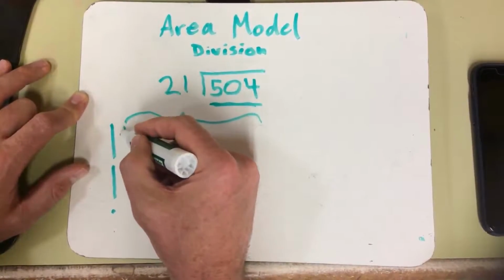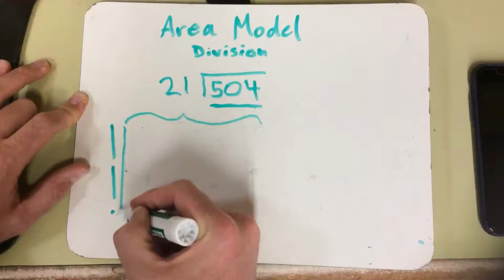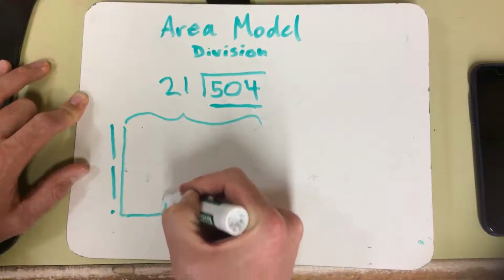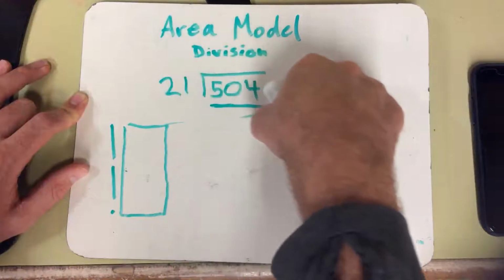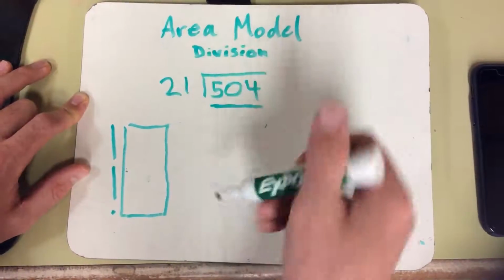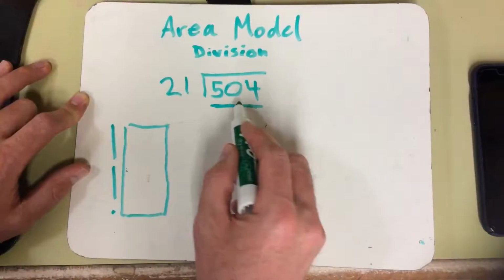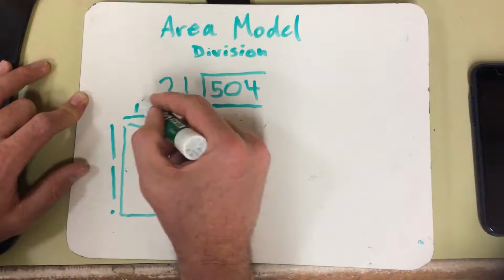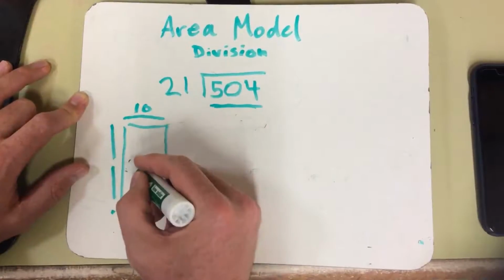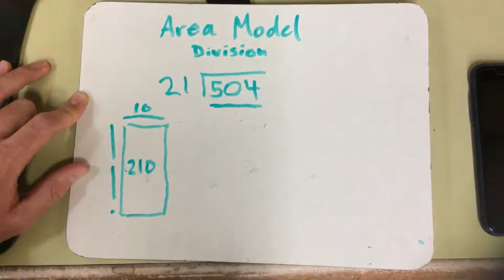So I have students draw a shape like this, and this is now showing a part of our total area of our 504, and it's 10 groups of 21, and we know that's going to be 210.